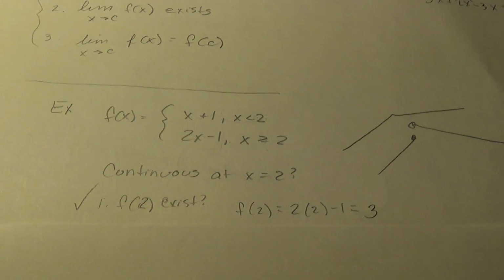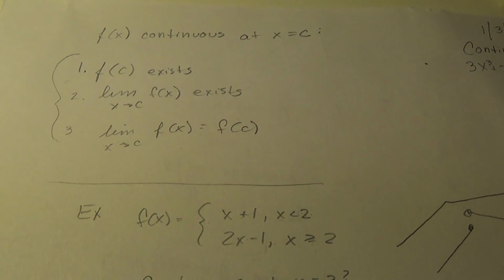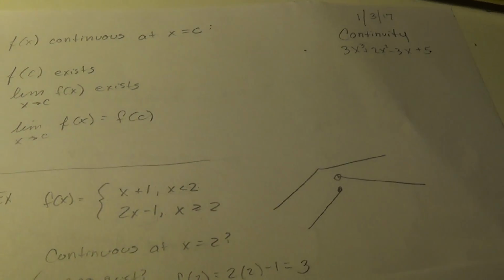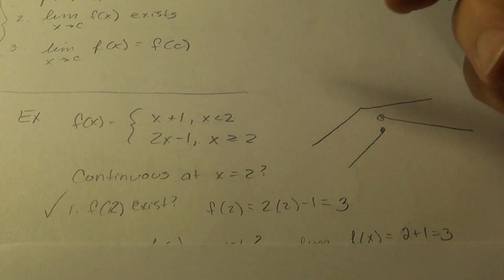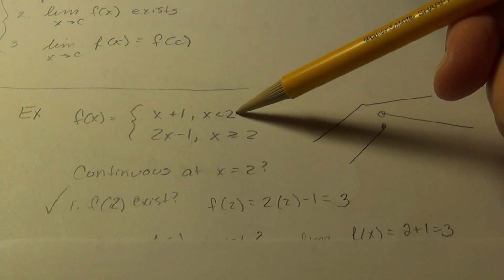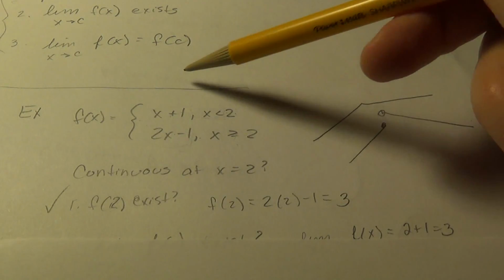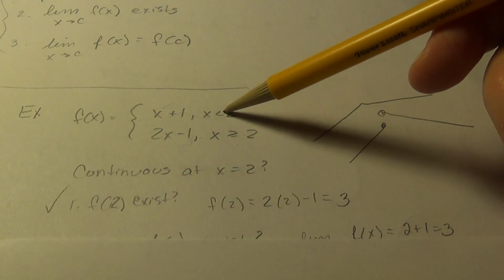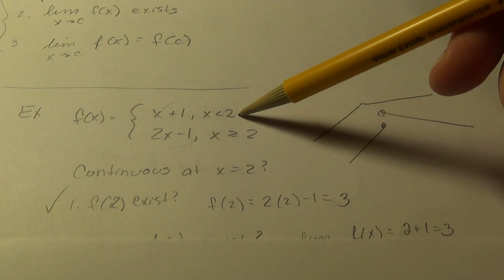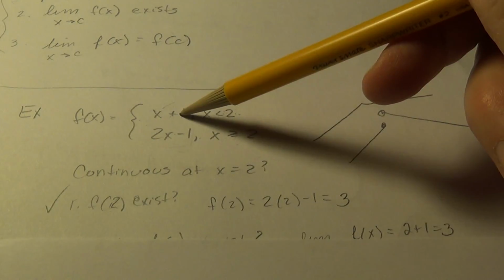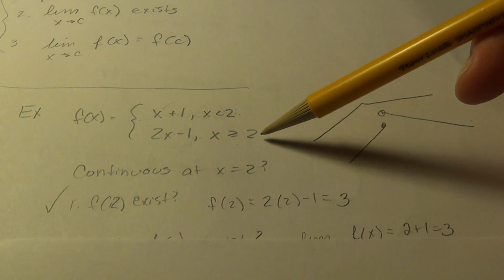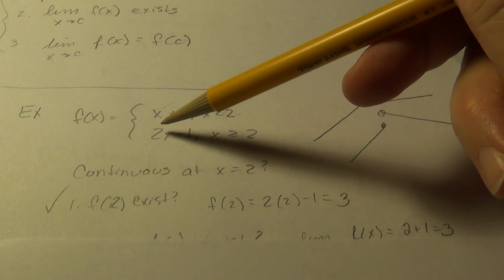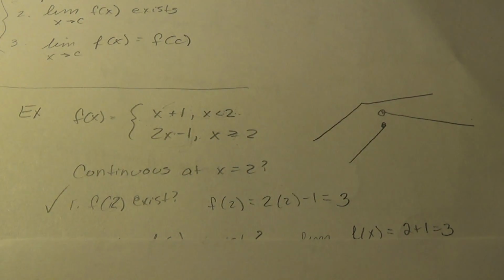The second condition was, does the limit exist as x approaches c? So to talk about this, we're going to take the limit as x approaches 2 from the left and the right. This piece is what's true when x is less than 2, so this will be from the left. And this piece is when x is greater than 2, so this will be from the right. So when we put in 2 here, we get a 3. And coming in from the right, when x is greater than 2, we put a 2 in here, we get 2 times 2 minus 1, we also get 3.